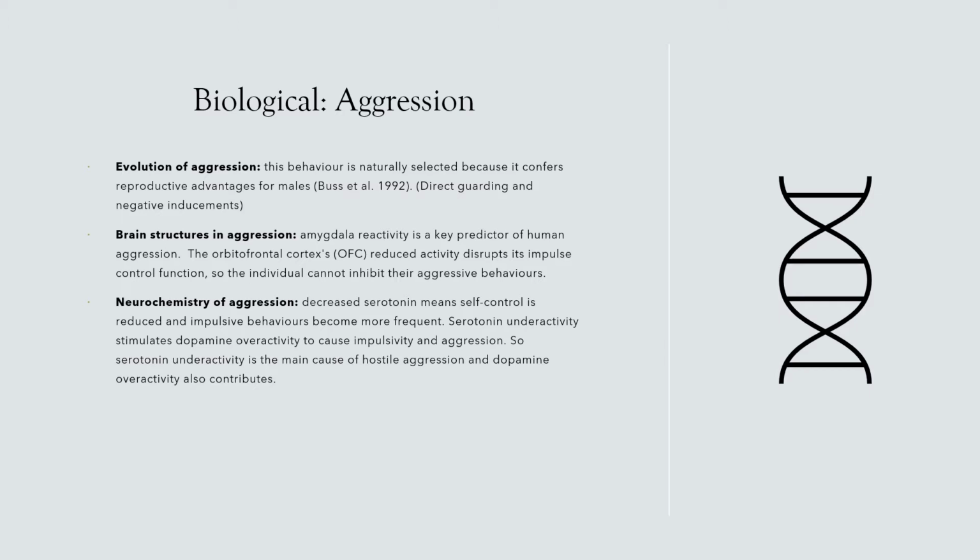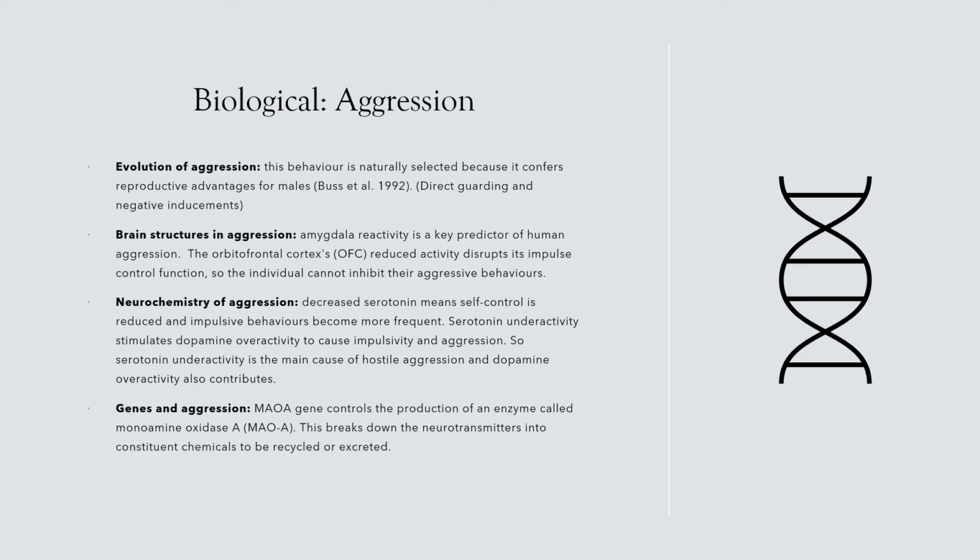But then serotonin and dopamine work together, because if we have low levels of serotonin in the brain, it means that dopamine is going to be overactive, and this causes impulsivity and aggression. Impulsivity meaning that we don't really think about what we're doing. So if something makes us angry, we might just lash out and punch something or be verbally aggressive.